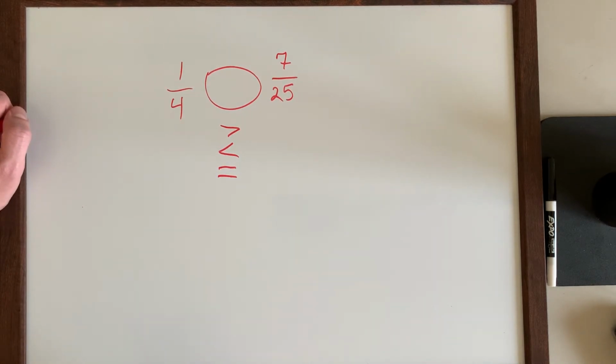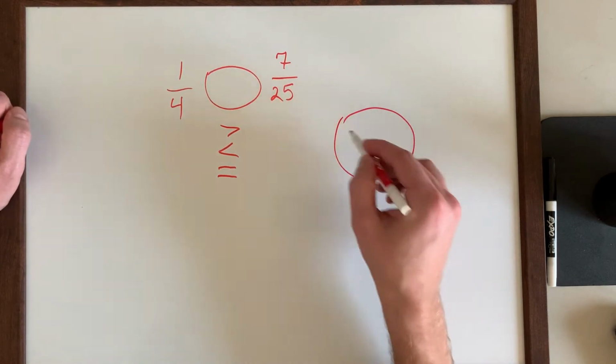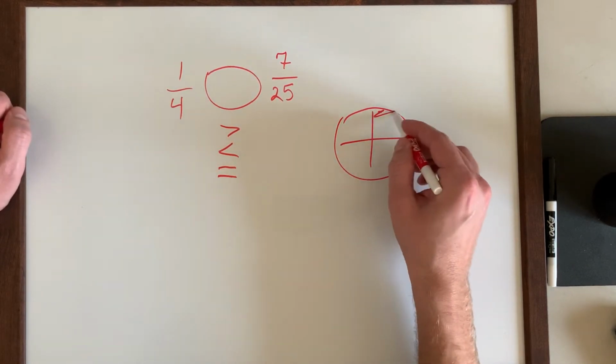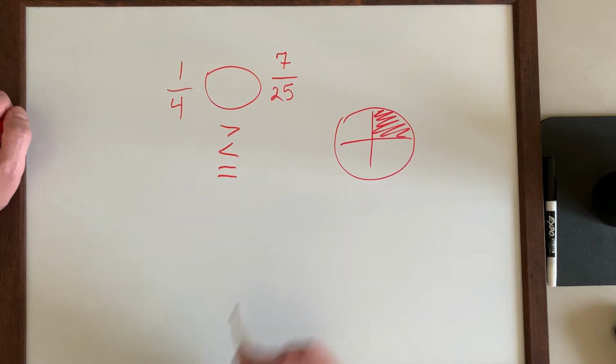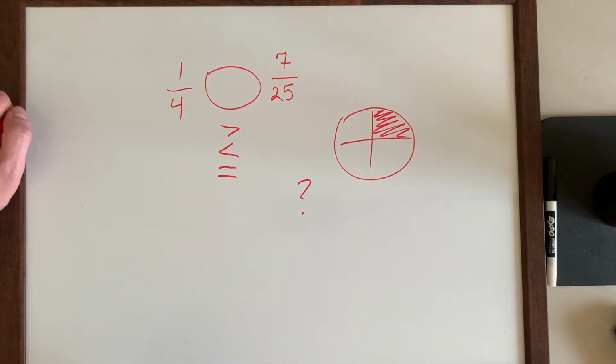How do we know? We know that 1/4 means, if we have a pie and we cut it into fourths, we're interested in 1. But 7 out of 25 is going to look like a really ugly piece of pie, all chopped up into 25 pieces and highlighting 7.